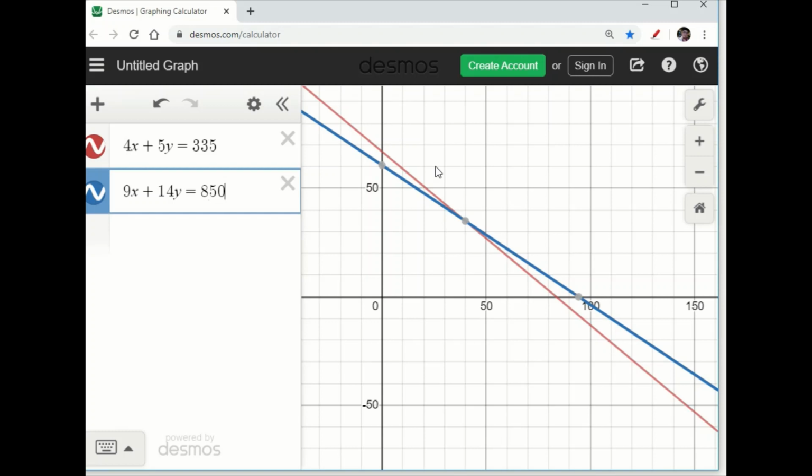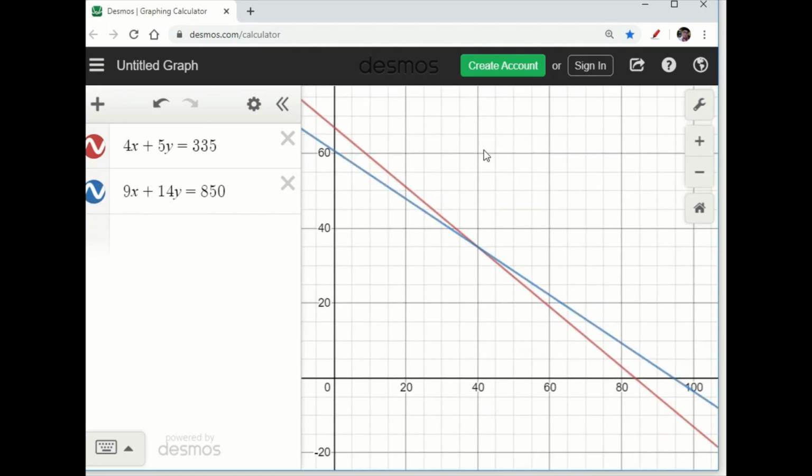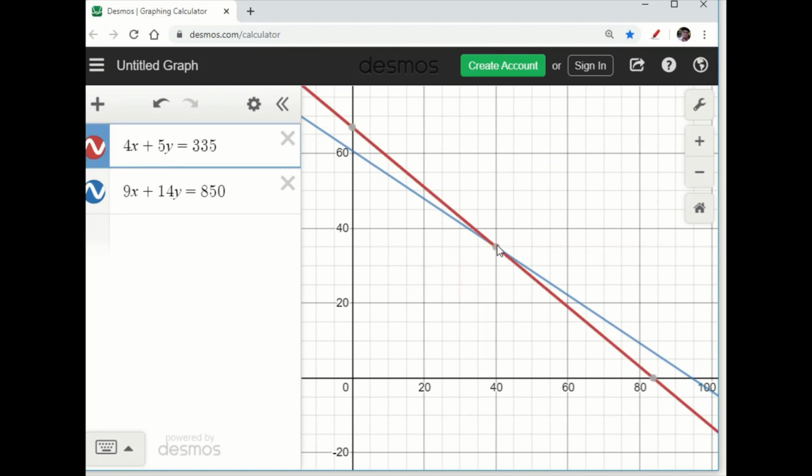If we plot the graph accurately using graph paper, we are able to find the intersection point.